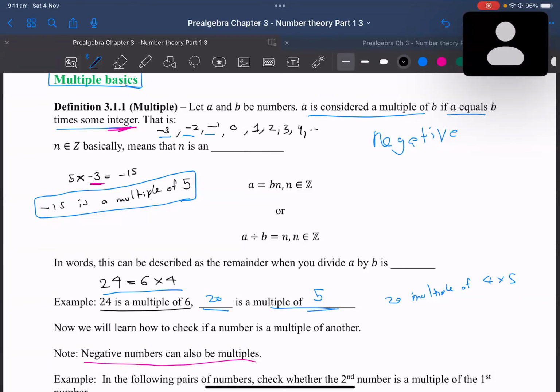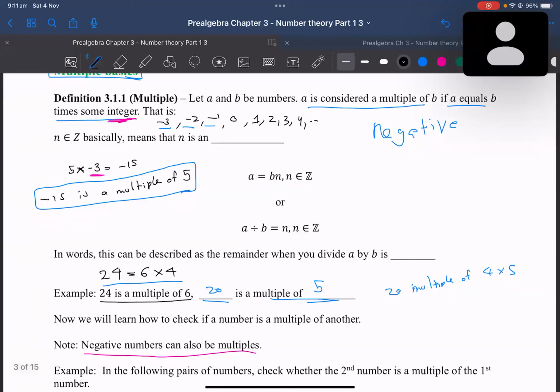Very important. And I'll ask you another question. Is 18 a multiple of -3? True or false? Is this correct or no? Yes. And why is that?